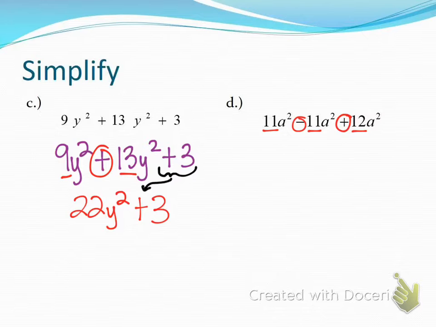Now we have to follow our order of operations, which means we are going to work from left to right. So don't go adding those together before you subtract. 11 minus 11 would give me 0. 0 plus 12 is 12. So we have 12a to the second because our exponent does not change.